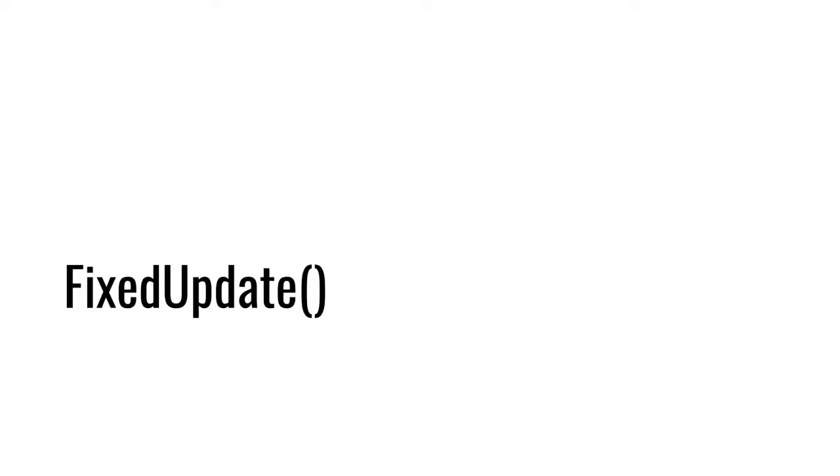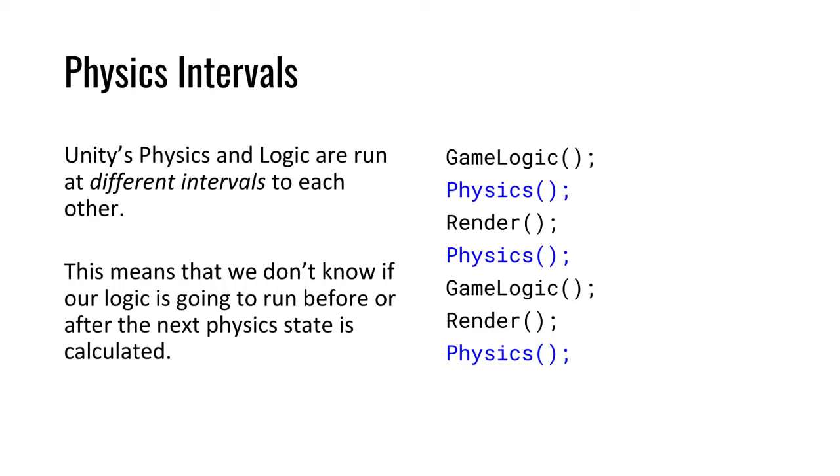So the first thing I want to talk about that I probably should have talked about last time is FixedUpdate. In order to talk about FixedUpdate, we need to talk about physics intervals. In Unity, there's basically 2 different kinds of intervals going on. Normally, the game's going to be running linearly. It's going to update the game logic, then render a frame, then update the game logic, then render a frame.